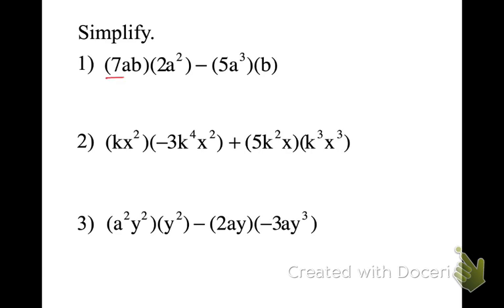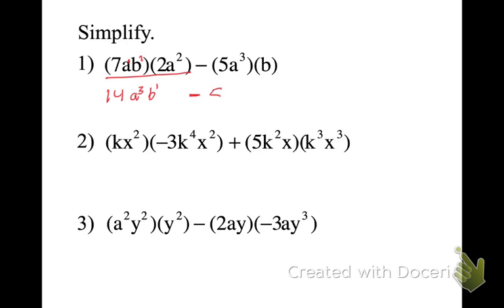Okay, we're just going to simplify this. So 7 times 2 is 14, and we're doing a to the first and a to the third. Let me finish this, hold on. a to the first and a to the second is a to the third, and b to the first.